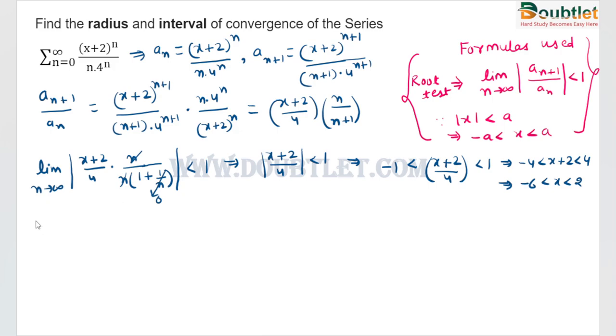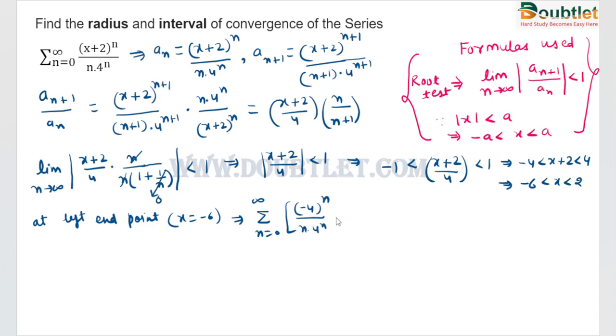Now we have to check whether the series converges or diverges at the end points. At the left end point, we put x equal to minus 6, because the left term of the interval is minus 6. Putting x equal to minus 6 in the series, it becomes minus 4 to the power n divided by n into 4 to the power n.